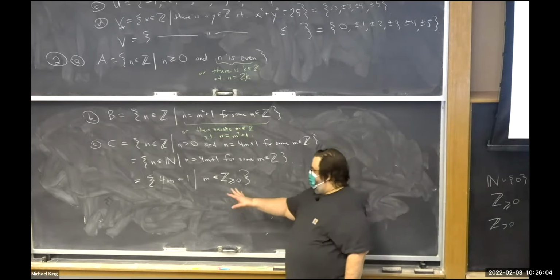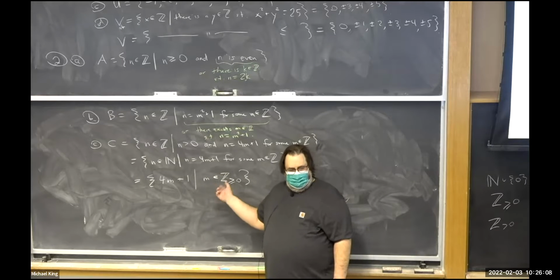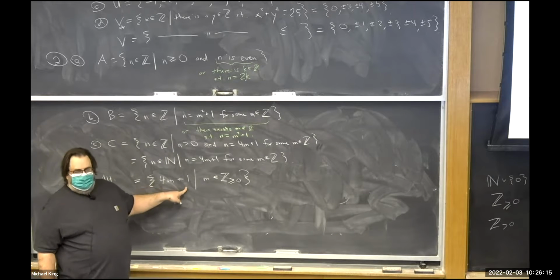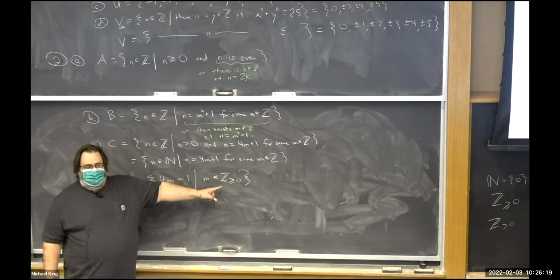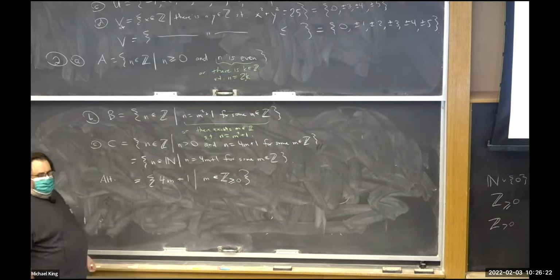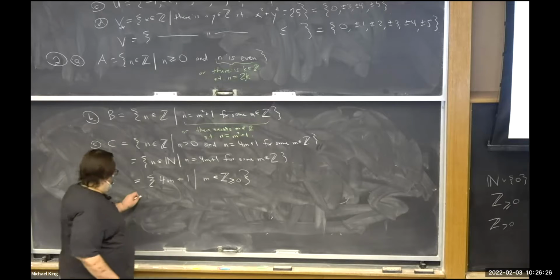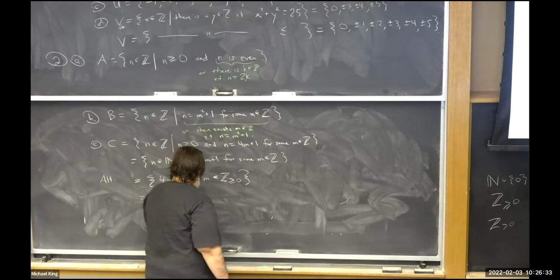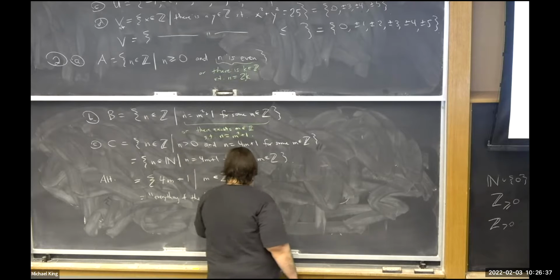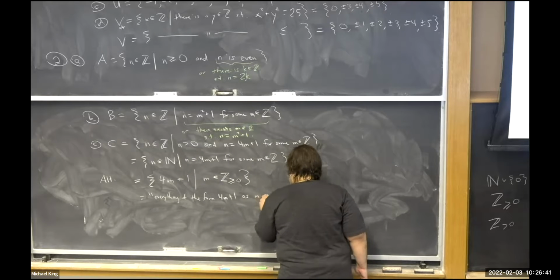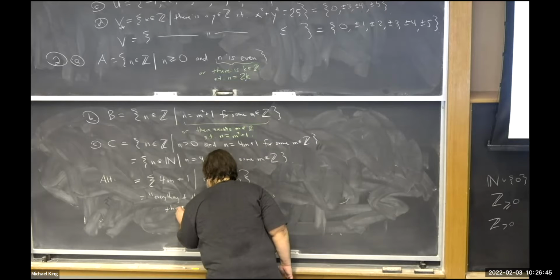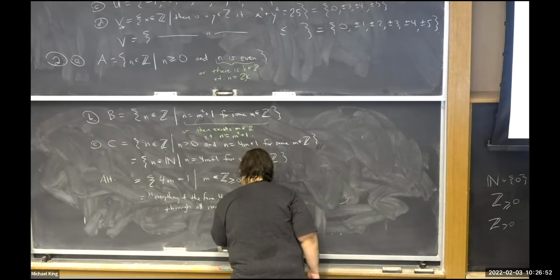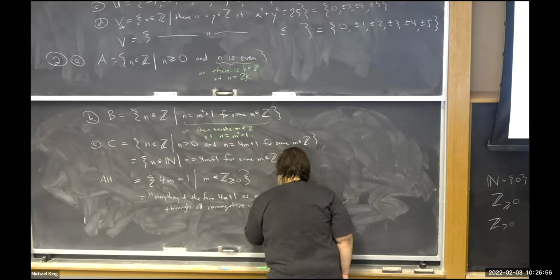So there are books or people who will write stuff like this, which is an alternate way of writing things, basically saying list everything of the form 4m plus 1 as m runs through all the numbers from 0 to infinity, all non-negative integers or something like that. So that's another way that sometimes you'll see stuff written.